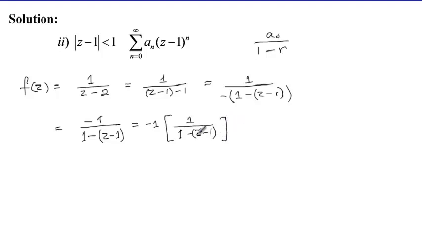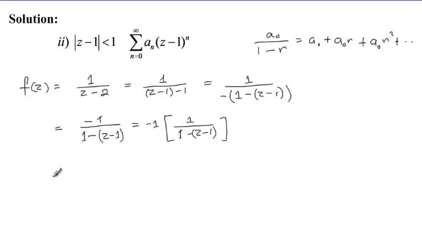Now at this stage, we have an expression of the sum of a geometric series where we take 1 as our initial term and z minus 1 to be our common ratio. We know that this will always develop to a0 plus a0 times r plus a0 times r squared, and so on.